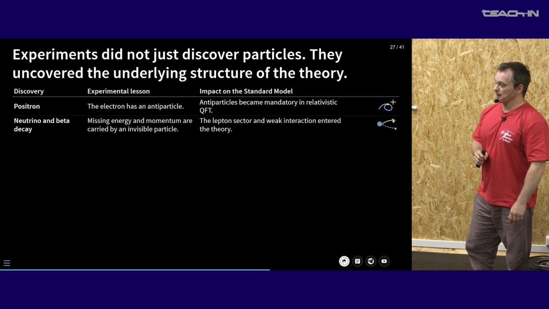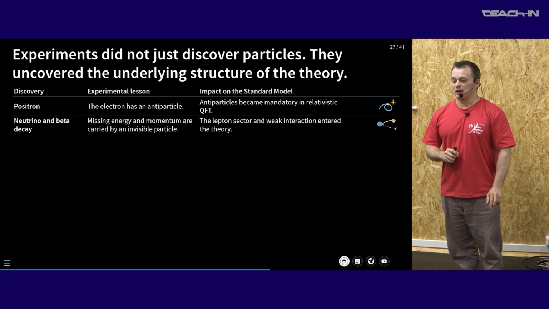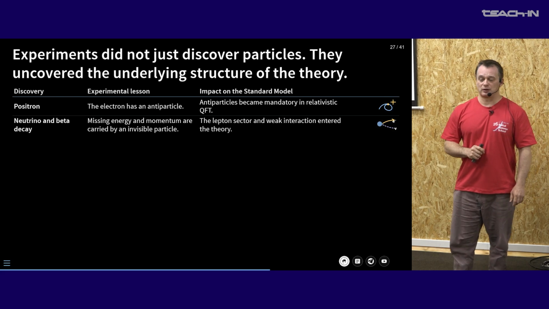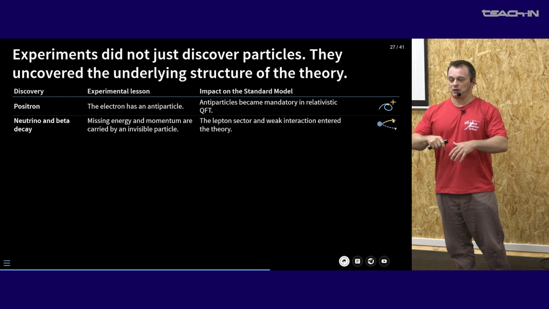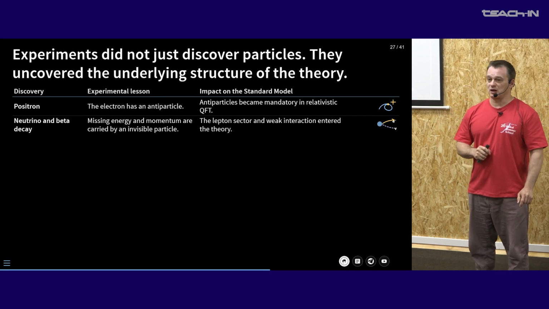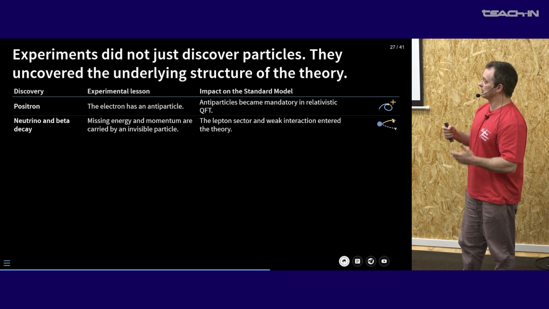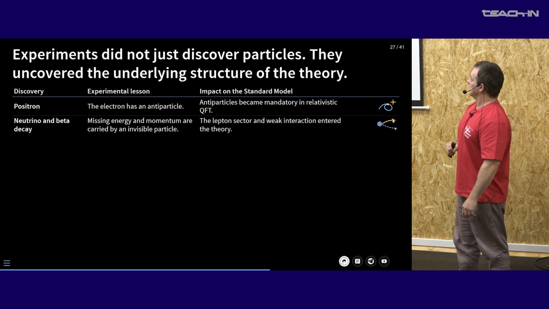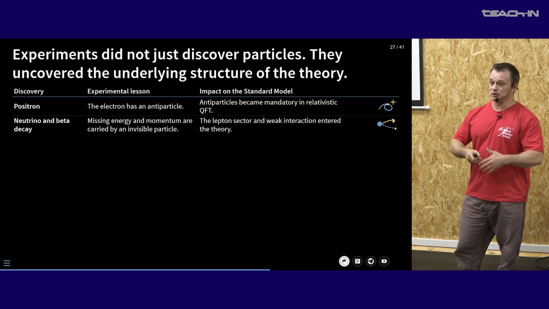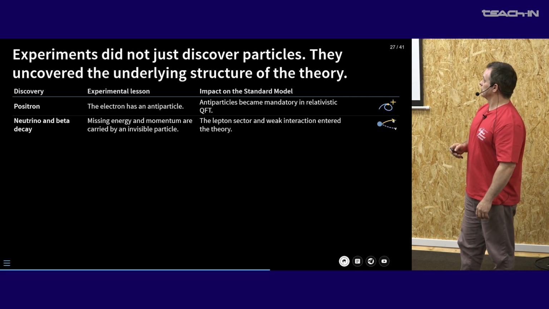Then there was a very interesting, long-standing saga about beta decay and apparent energy violation in beta decay, which then manifested itself in the discovery of the neutrino and a new type of interaction, the weak interaction. So humanity discovered that the lepton sector is richer, and there should also exist the neutrino.